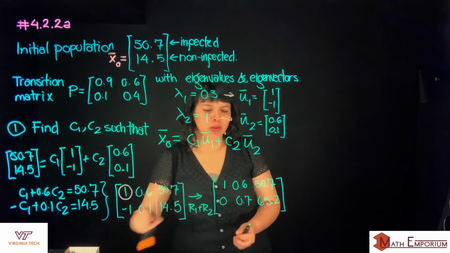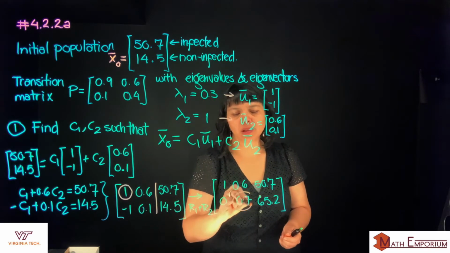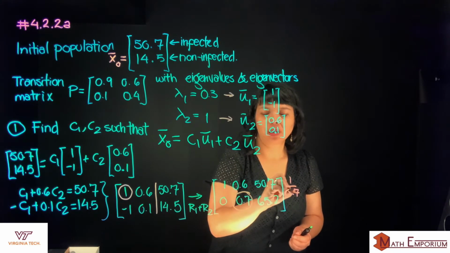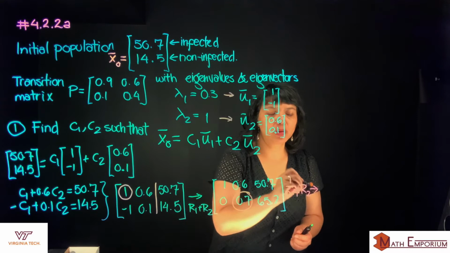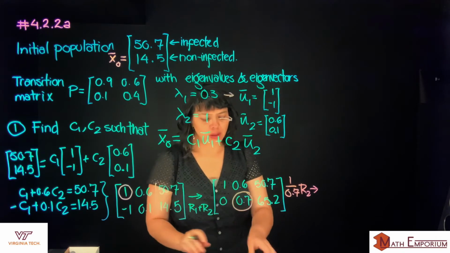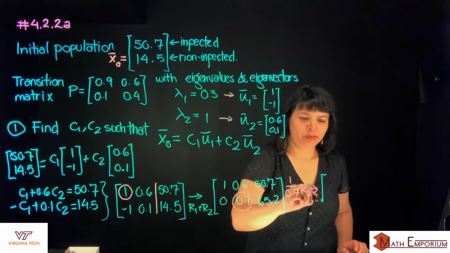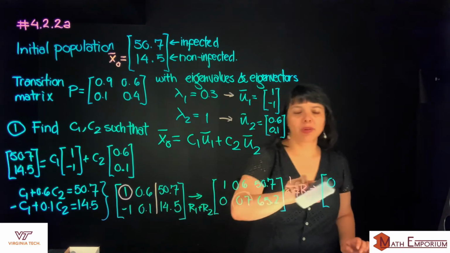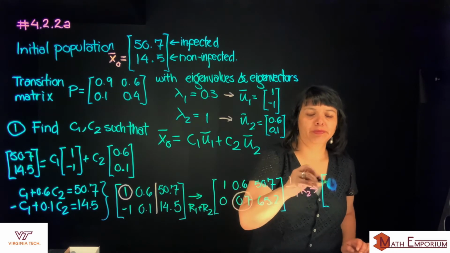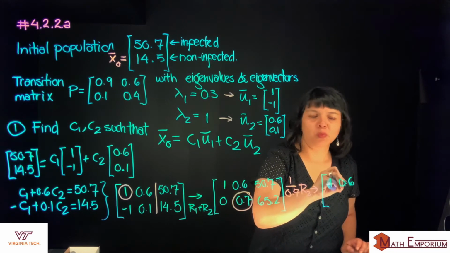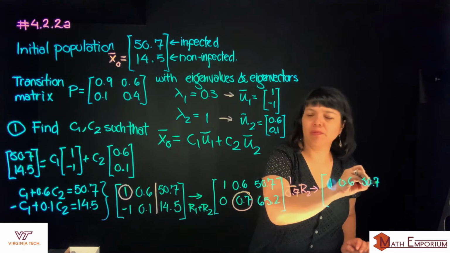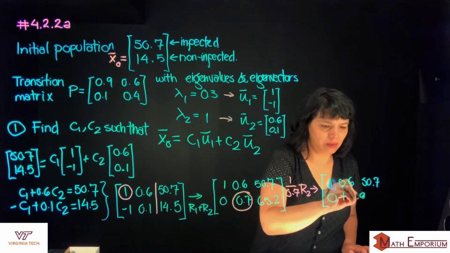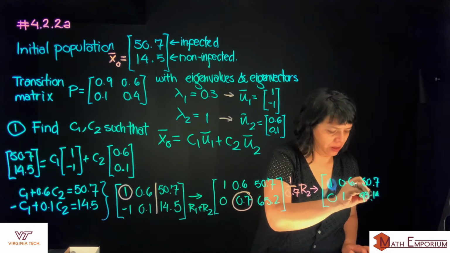And now I need to turn this into a 1, so I'm going to do 1 over 0.7 row 2, that goes to row 2, and that's going to give me 1, 0.6, 50.7, 0, 1, and 93.1429.